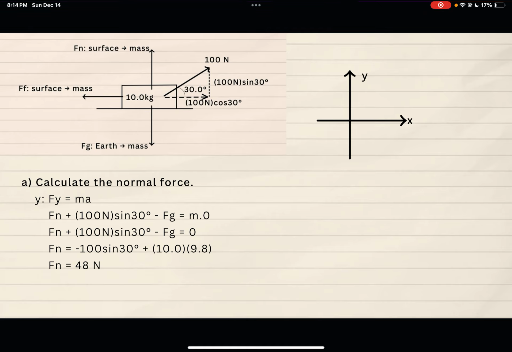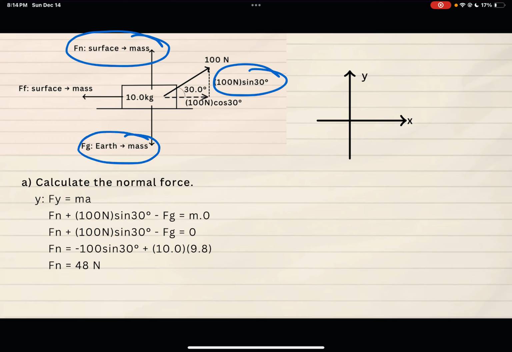Part A. Calculate the normal force. We use Newton's second law in the y direction. We have Fy equals ma. In the y direction, we have three forces: normal force upward, vertical component of the force upward, and force of gravity downward. Because the mass does not accelerate vertically, the acceleration in the y direction is 0.